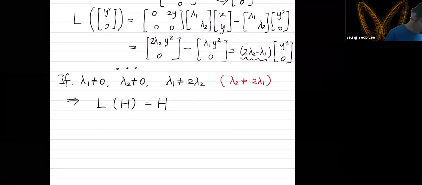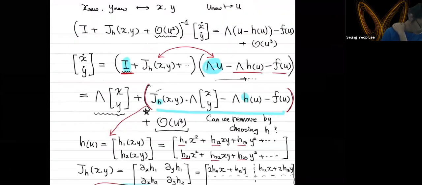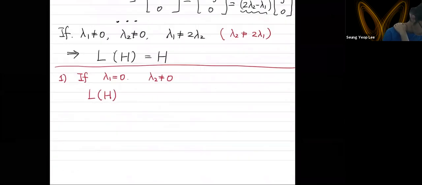Okay, but now if lambda 1 is 0, these are the cases where interesting things happen. If lambda 1 is 0, then L of H does not produce every vector. It misses vectors, right? Which vector does it miss? If lambda 1 is equal to 0, then it cannot produce this one, x squared, 0.